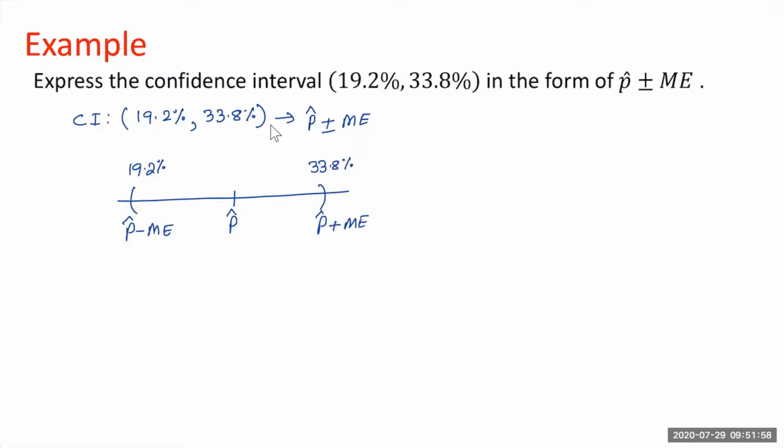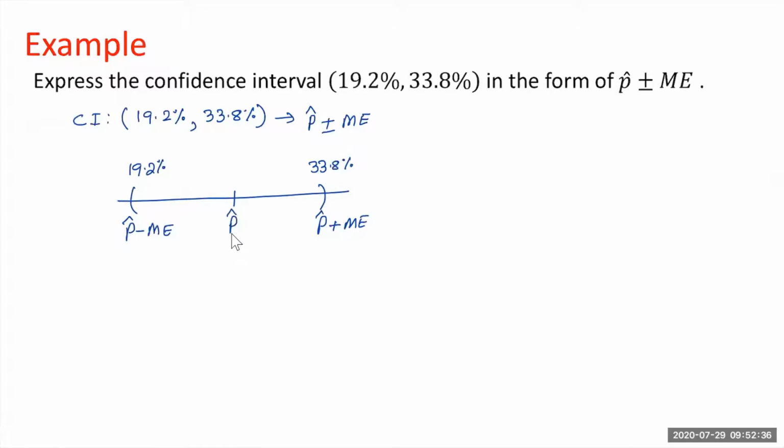Now, what I need to do is find this p hat, which is exactly in the middle, and also the margin of error. We have 19.2 here and 33.8 here. If you want to find the value exactly in the middle, you have to add those two and divide by 2.